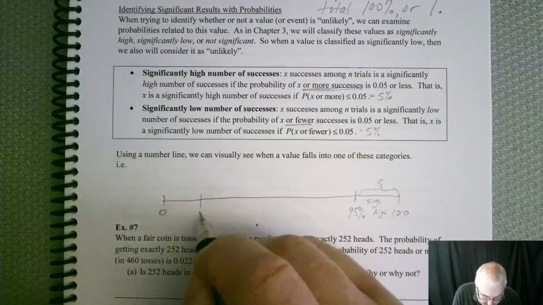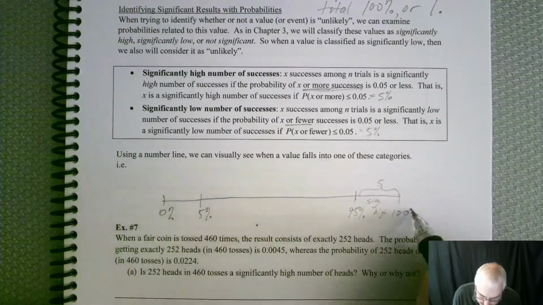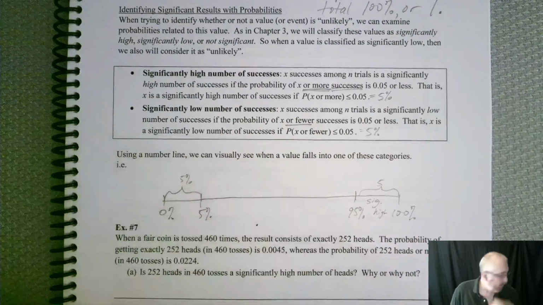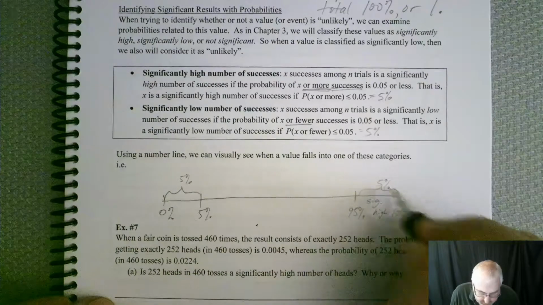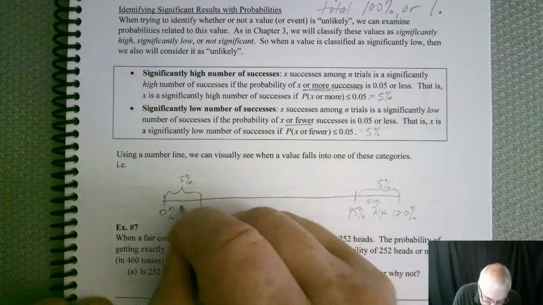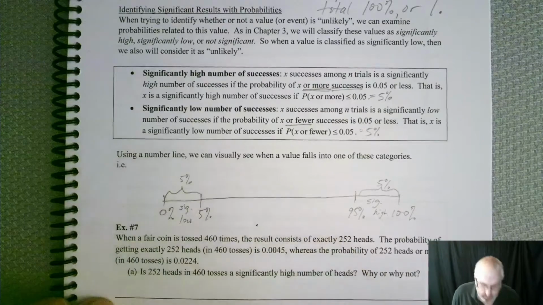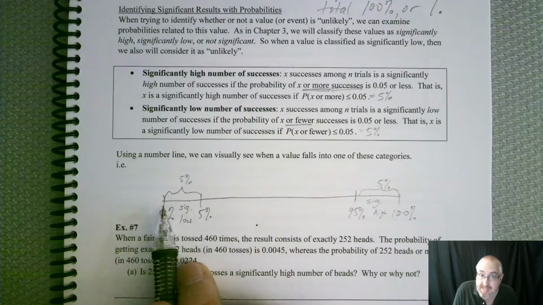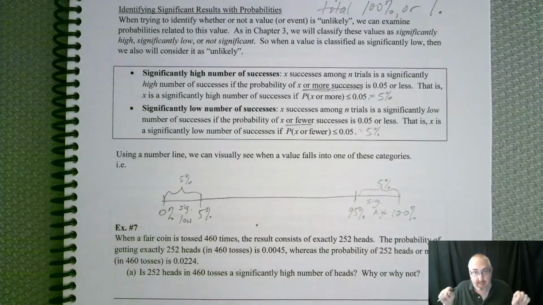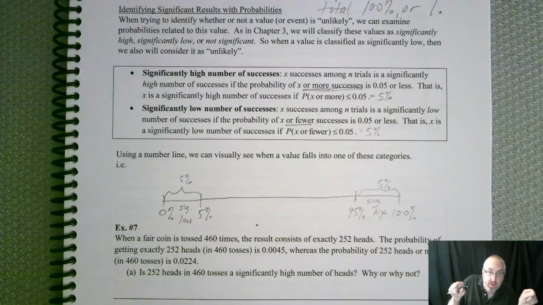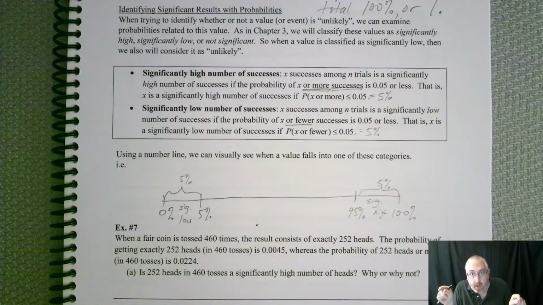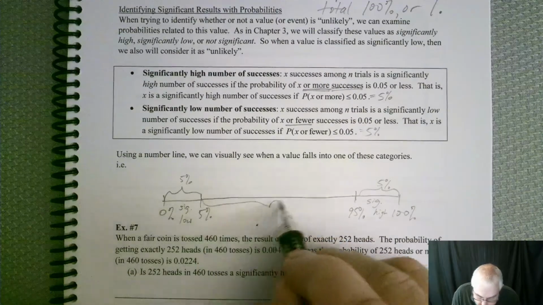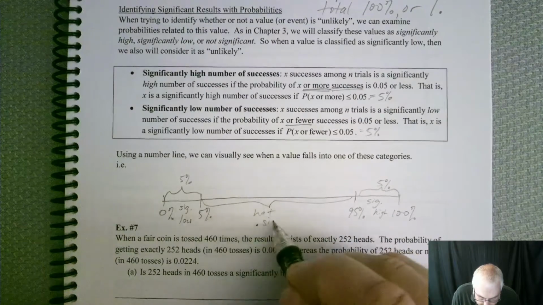So if I went 5% out here, again, this 5% window is where it's significantly low. So if I was at 4%, that puts me within 5% from this end. So you're always looking at the ends. If you're within 5% of getting to 0 or within 5% of getting to 100, that's where it's significantly high or significantly low. Everywhere else is not significant.